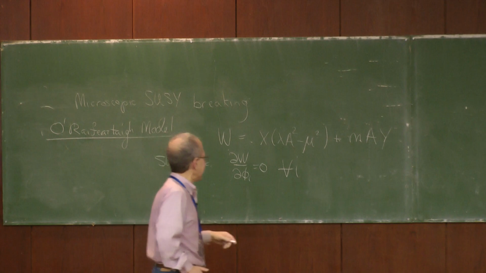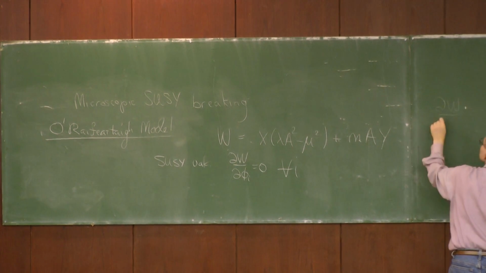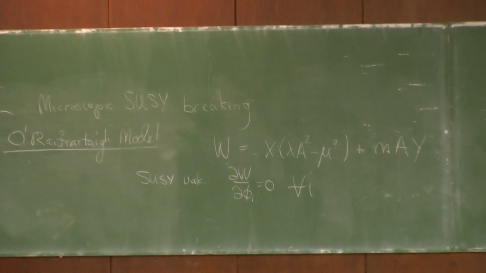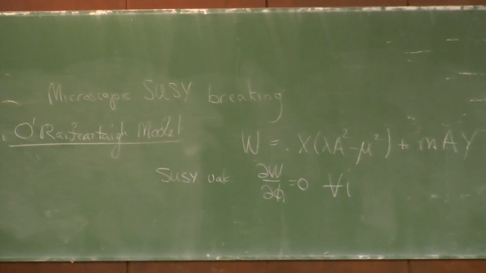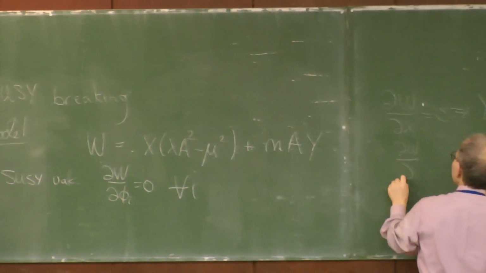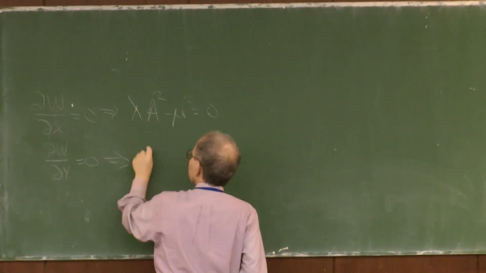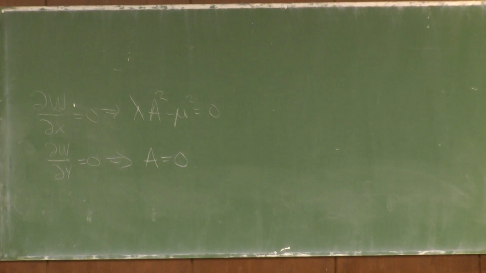In this case, we can't satisfy this condition, because dW/dX equals 0 says that lambda A squared minus mu squared equals 0, and dW/dY equals 0 implies that A equals 0. So these two conditions aren't compatible.